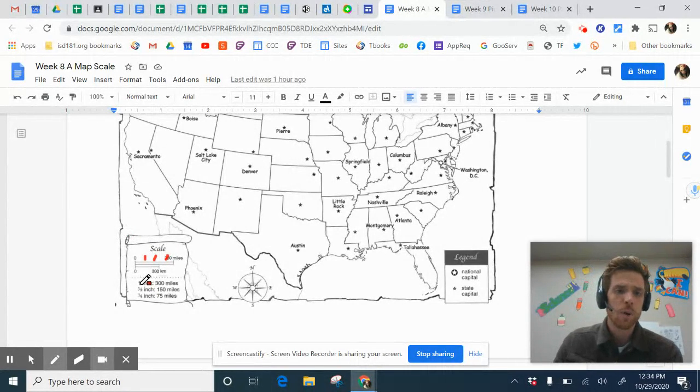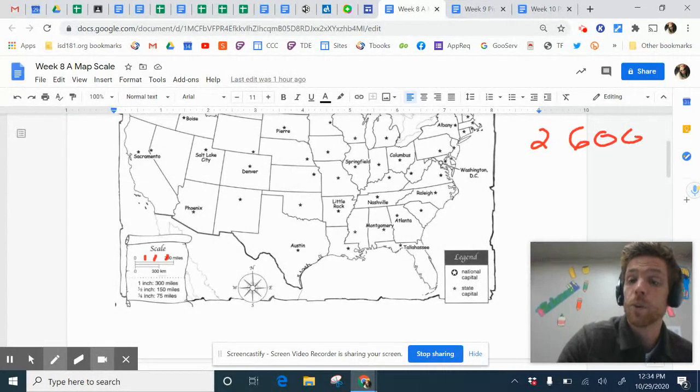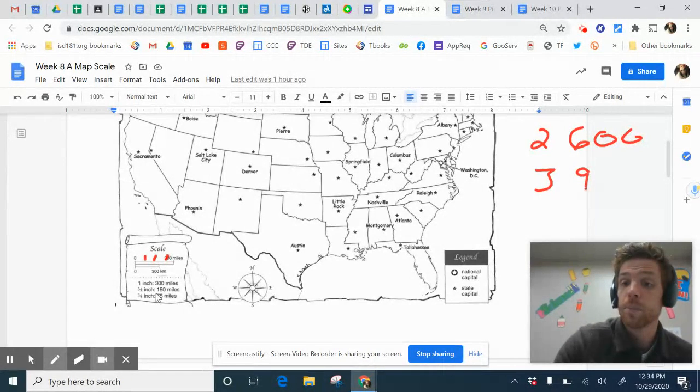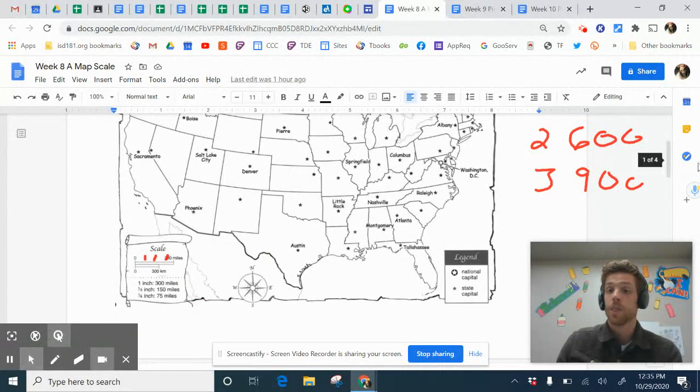I want to talk a little bit more about 1 inch to 300 miles. That is a ratio. So what that is saying is every time you go 1 inch, you go 300 miles. If you were to go 2 inches, that would be 600. If you would go 3 inches, that would be 900. So you are following that ratio of every time you go, you're going up 300 miles.